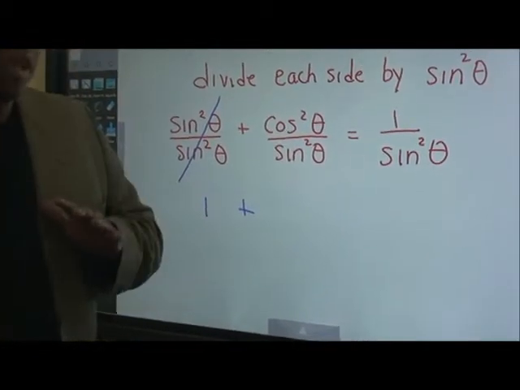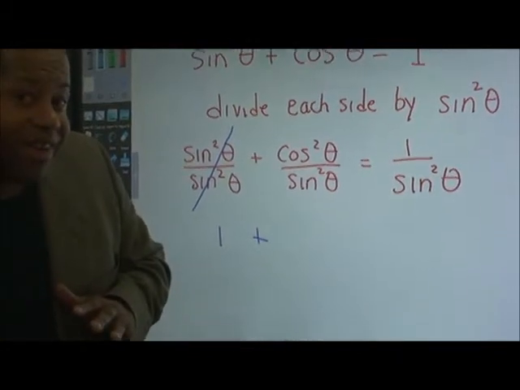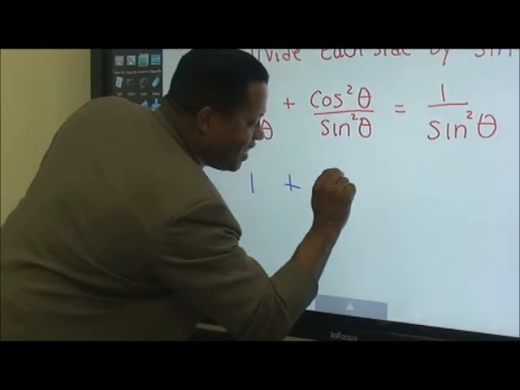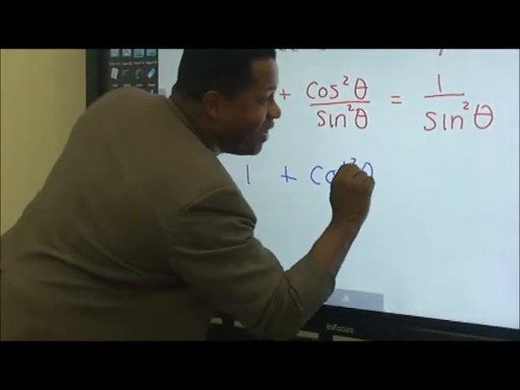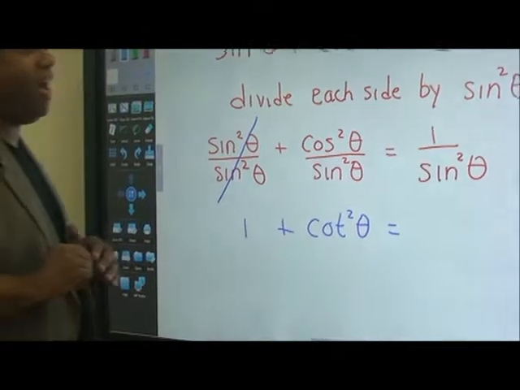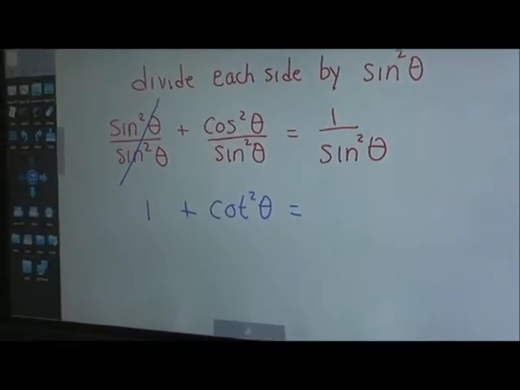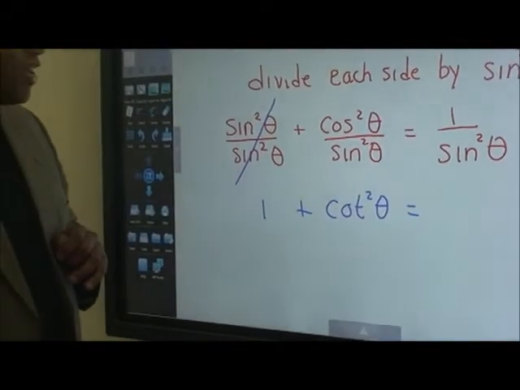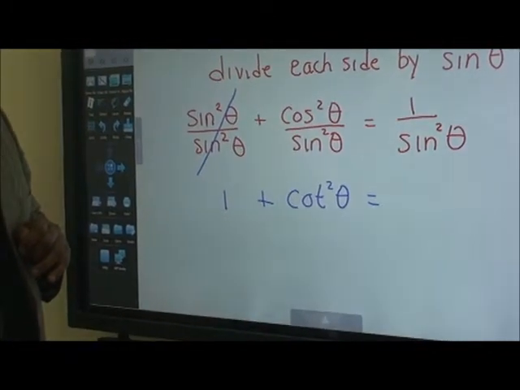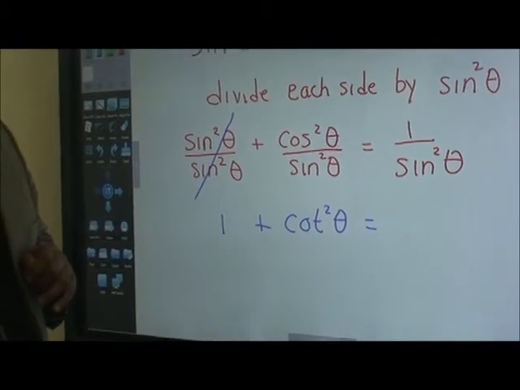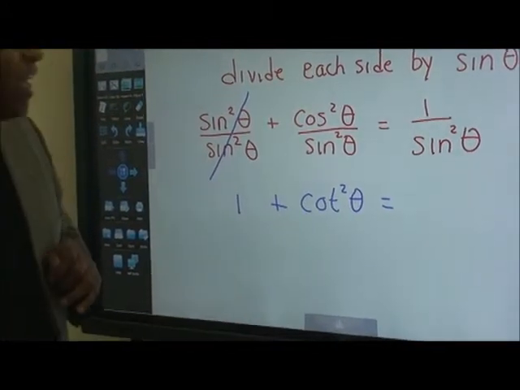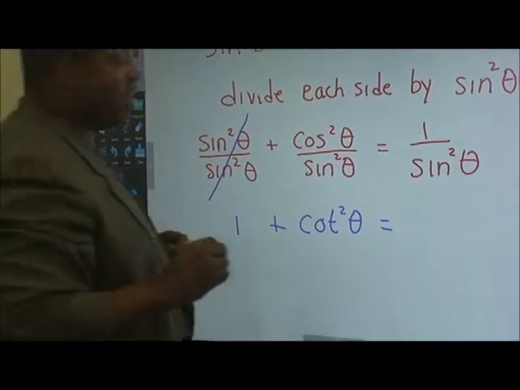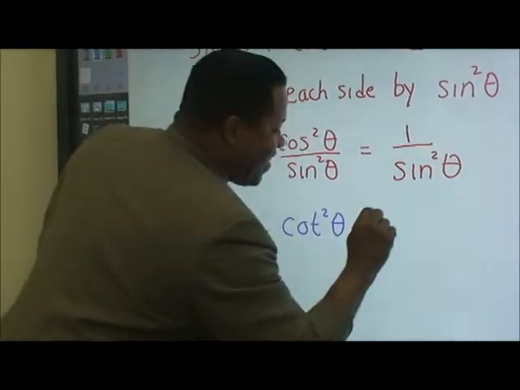Cotangent squared theta? I think so. Very good. What about 1 over sine squared theta? I think cosecant squared theta.